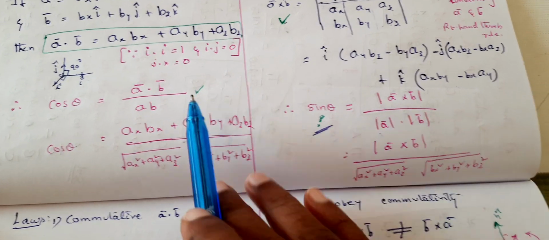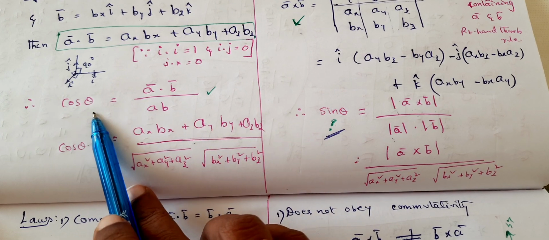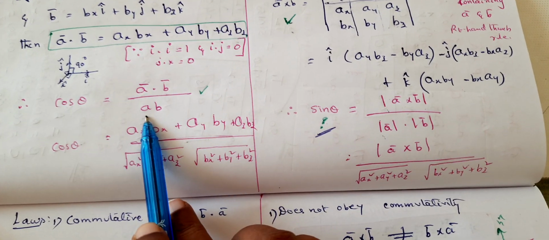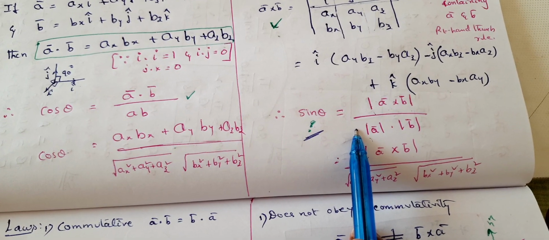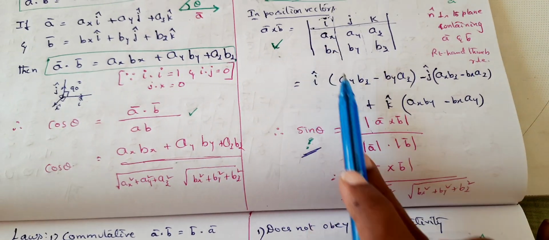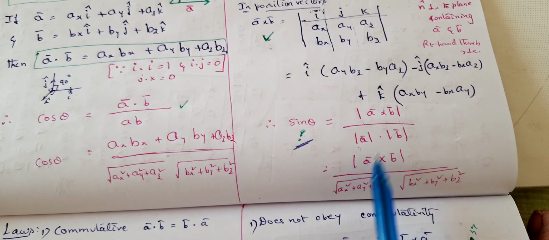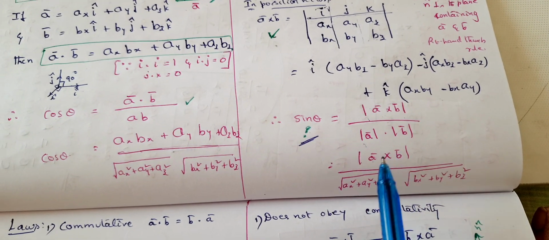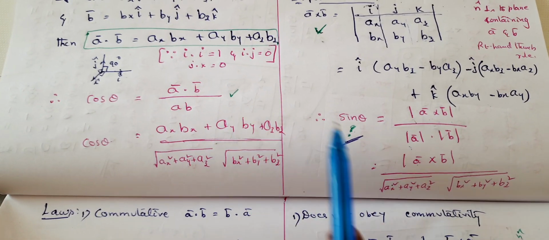So you go by the dot product whenever the angle between two vectors is asked. So therefore cos theta is equal to a bar dot b bar by ab. Whereas of course using the cross product also you can find it out. But see, you have to first find out the determinant, then you have to find the magnitude of this, then again ab. So it's a little bit lengthy process, and this is the easiest one when compared.